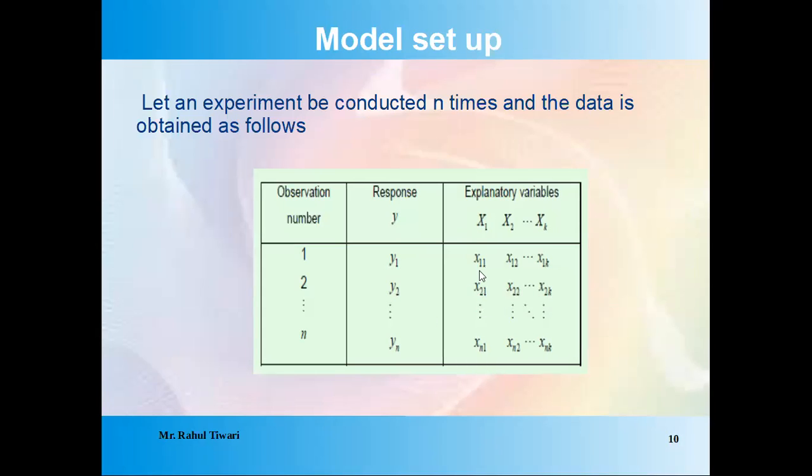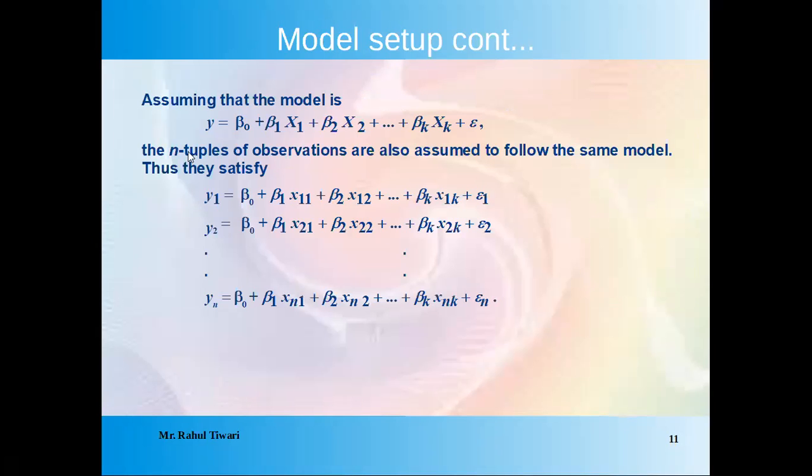So this x1 contains observations. There are n tuples of observations, meaning n observations are assumed to follow the same model. We know all the assumptions, which we have already seen in unit 2.